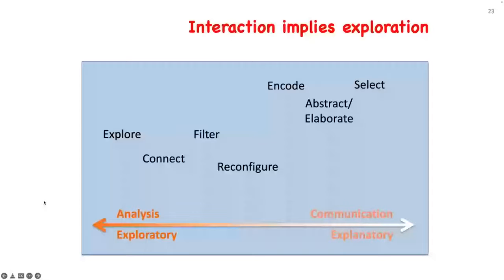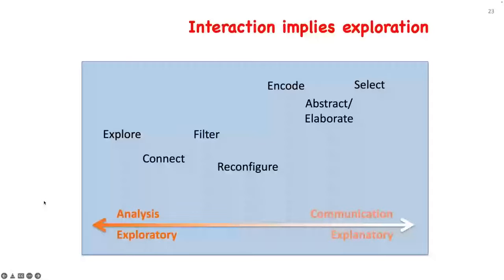And then we think, okay, we want to just look at bits of this. So we want to filter stuff out. Now we want to reconfigure because, okay, we've seen it this way. Now we've seen it's a pie chart. We can see there's something going on, but maybe if we represent it as a bar chart, then we're going to get something better, or vice versa.